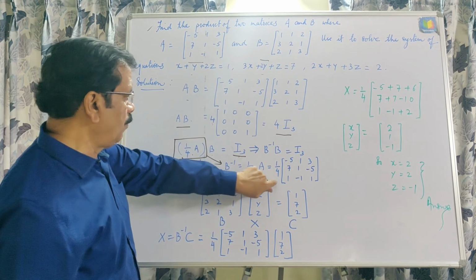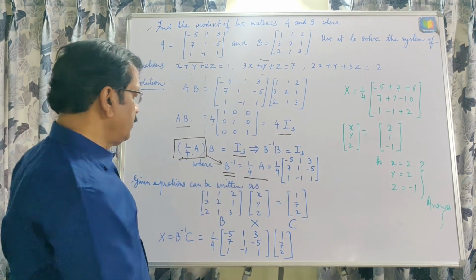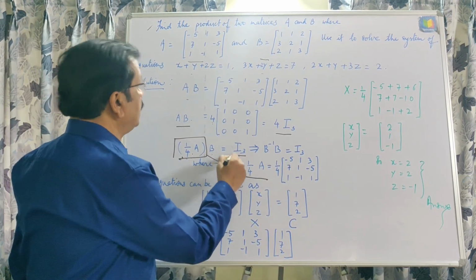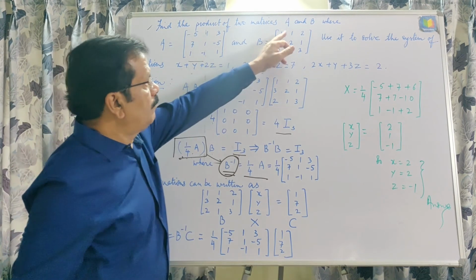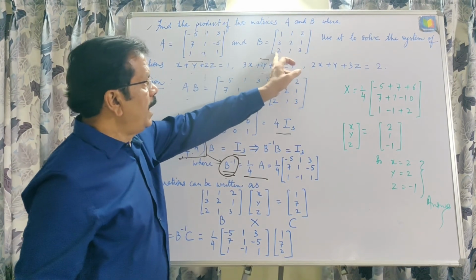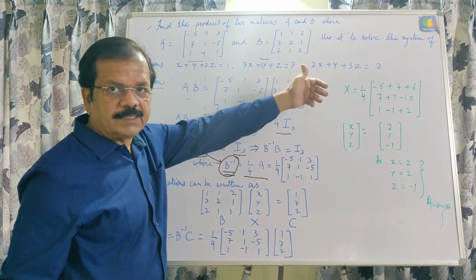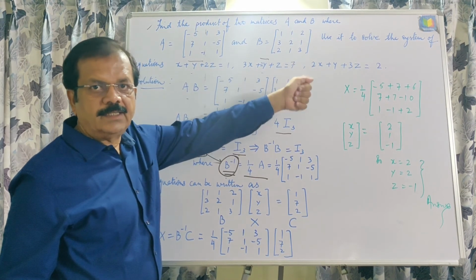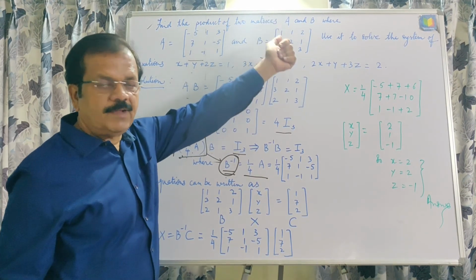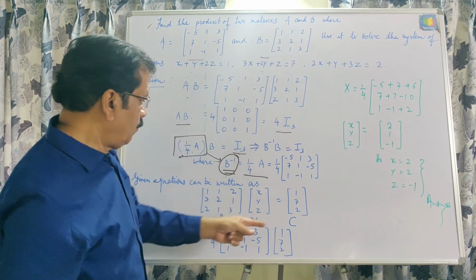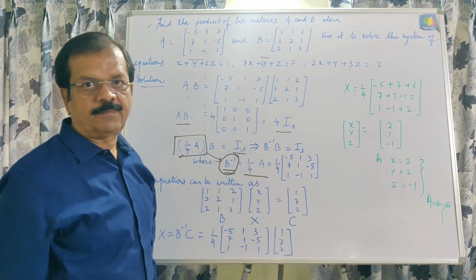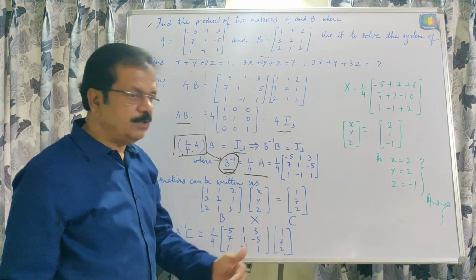So 1 upon 4 into A is the inverse of B. And what is B? 1 1 2, 3 2 1 and 2 1 3. It means if we are able to find the inverse of B, that will be the same as 1 upon 4 into A, and this way this can be used here.